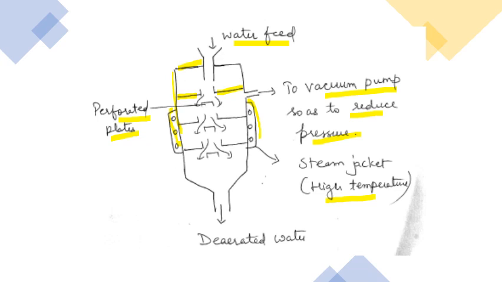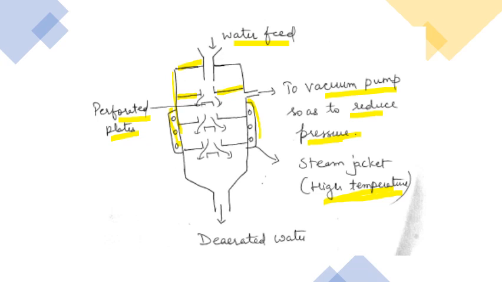According to the gas law, the solubility of a gas is inversely proportional to the temperature and directly proportional to the pressure. We want to decrease the solubility of the gas, so the temperature should be increased, since it is inversely proportional.